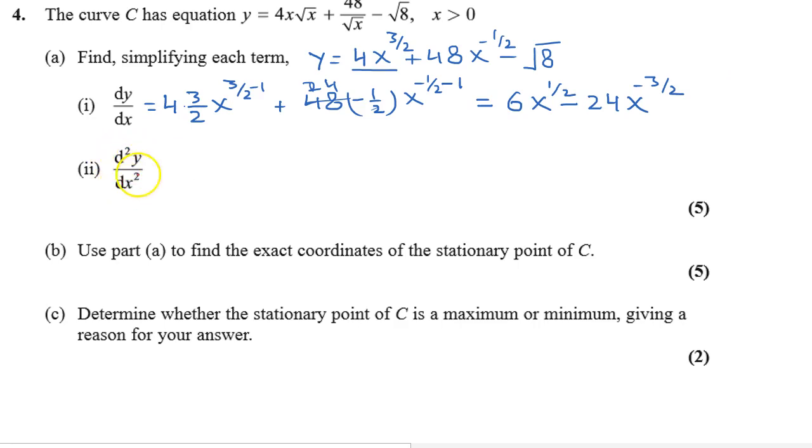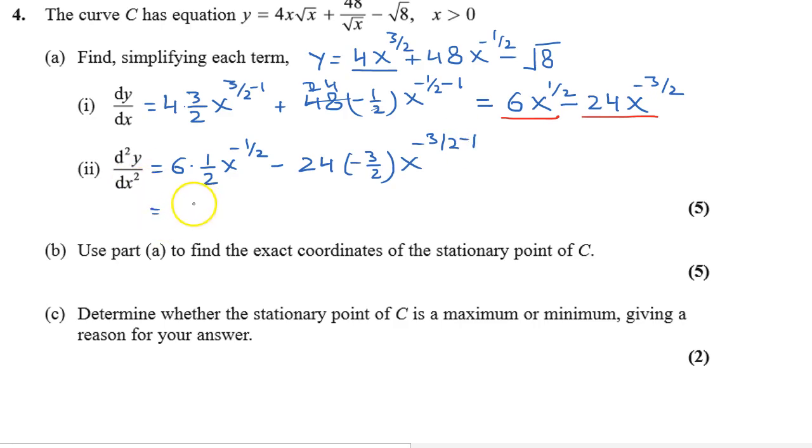Now we have to find d2y over dx square, means double differentiation. We differentiate this and then we differentiate this one. So differential of this, 6, differential of x to the power half is half x to the power minus half, minus 24. Differential of x to the power minus 3 over 2 is minus 3 over 2 x to the power minus 3 over 2 minus 1.